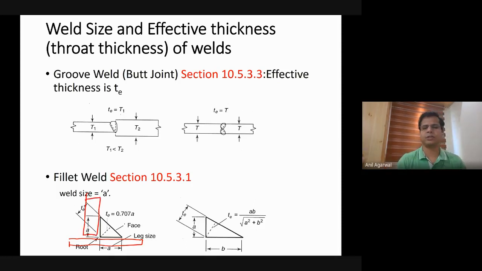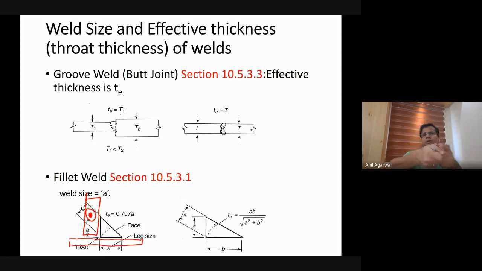The geometric properties could be anything. And then between these two plates, at this common surface, you will provide the fillet weld, right? So now what may happen is that maybe this plate is being pulled outside the board.